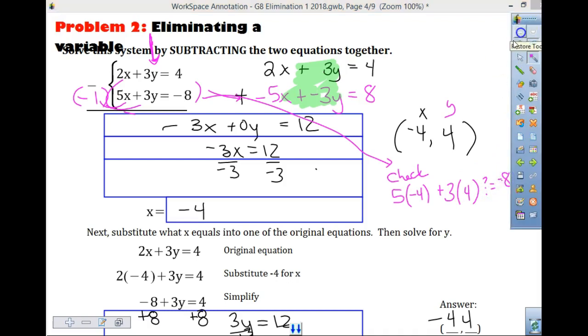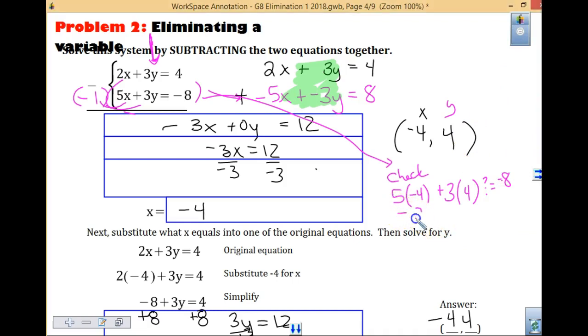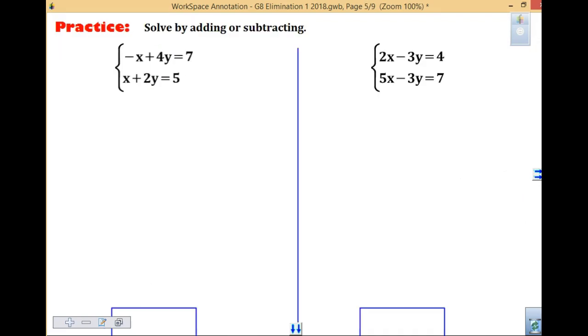That was what my solution is supposed to be. -20 plus 12 is equal to -8. So it checks. So when you do your problem, you can always do a check to make sure you got it right. So take a look at these 2 on your next page going down the arrow.